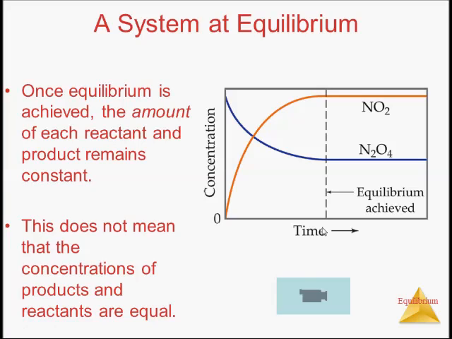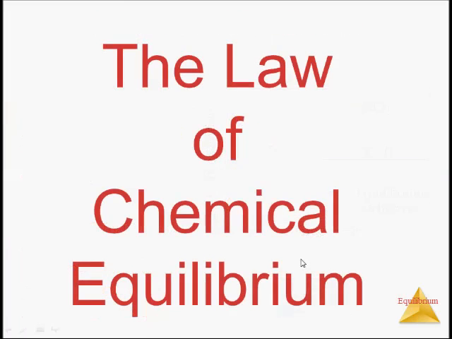Equilibrium does not mean you have equal amounts of both, because in this case here we actually have more NO2 than we do N2O4. But because at this point in time my concentrations are no longer changing, that is when we have reached equilibrium, and that's what we mean by equilibrium.